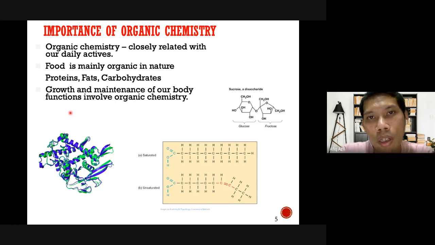Even our clothes are made out of polyester, so they are actually made out of ester, a functional group under the organic compounds that undergoes the polymerization process. So that's how you can relate organic chemistry to our daily life, to human lives.